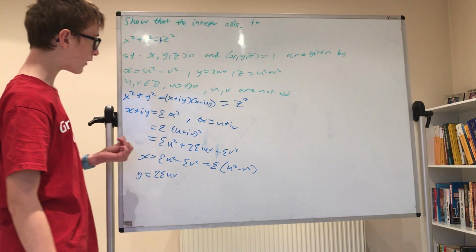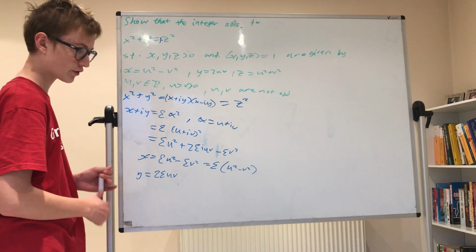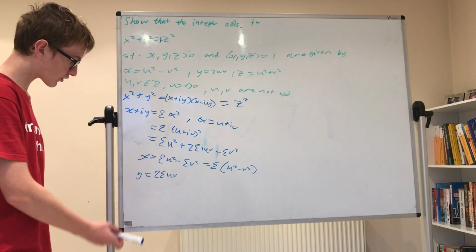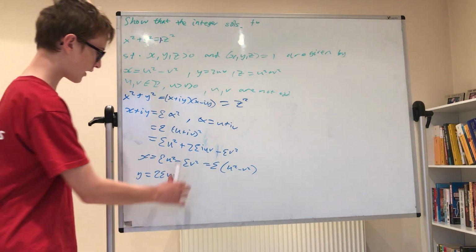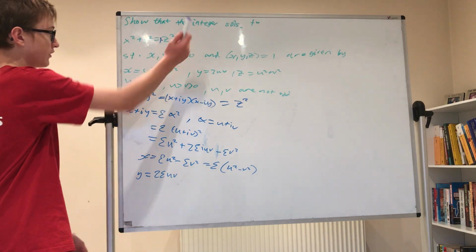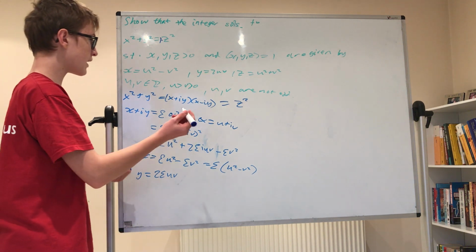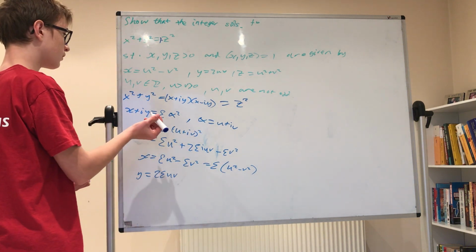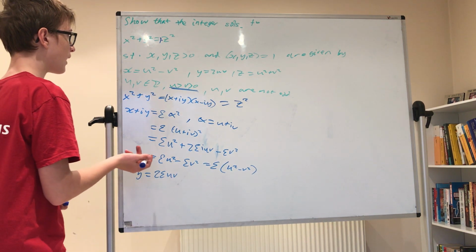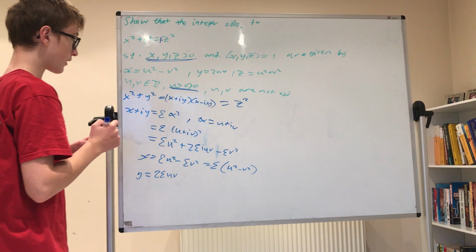So how do we show that epsilon is 1? Well, we only have 4 choices to pick from. Let's just eliminate the odd ones. If epsilon were plus or minus i, then x and y would be imaginary, complex, which is clearly not an integer. So those two are out. And if epsilon were negative 1, well, u is bigger than v, and x, y, and z are bigger than 0.